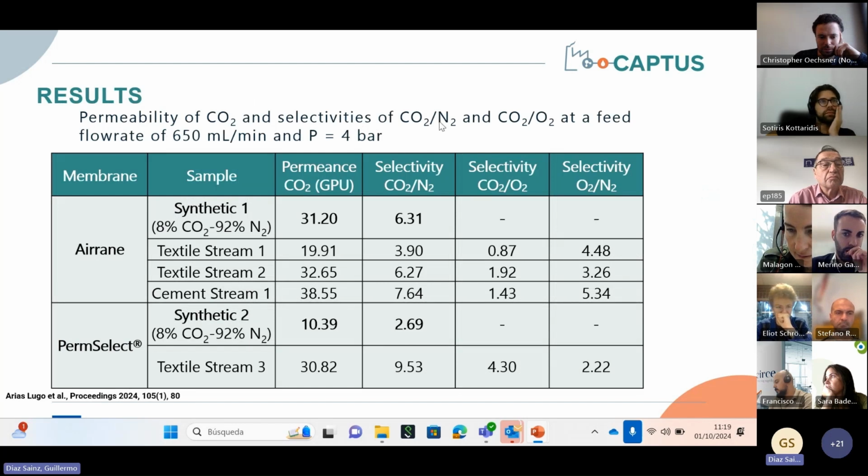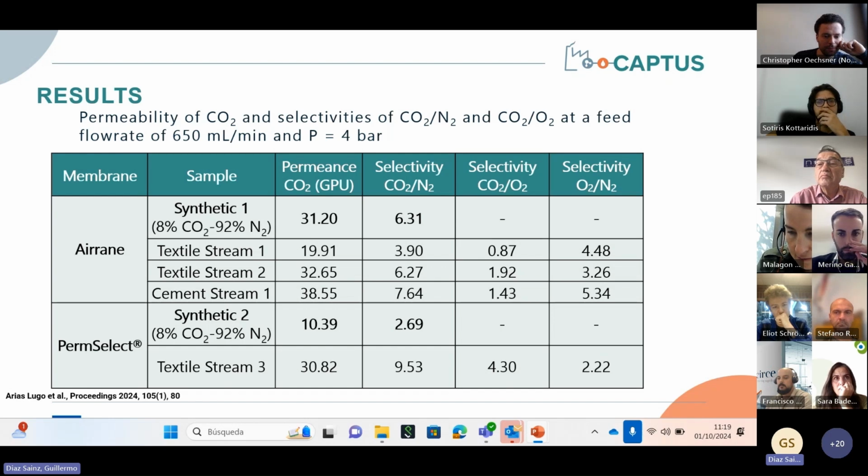Here we have some results as an example. For example, the permeability of the CO2 and the selectivity of CO2 and nitrogen, and similarly CO2 and oxygen, operating, for example, with a pressure difference of 4 bars and a specific flow rate of 650 milliliters per minute.